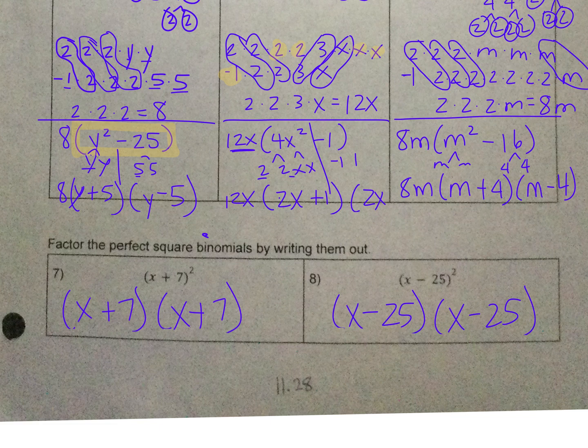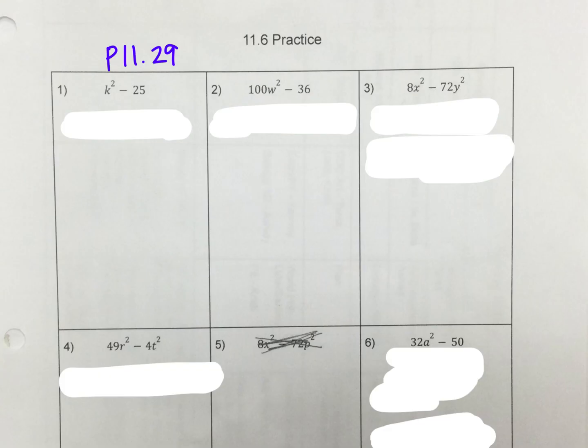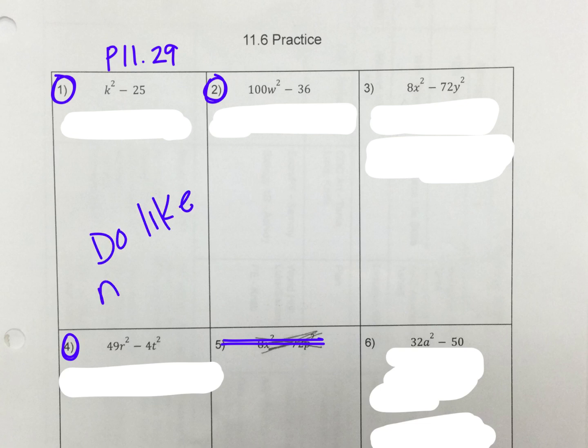Okay, flip over to the next page, to the practice page. All right, you're going to do this page. Do not do number 5 because it is exactly the same as number 3. So number 1, number 2, and number 4 are going to be done like your notes, numbers 1 through 3.